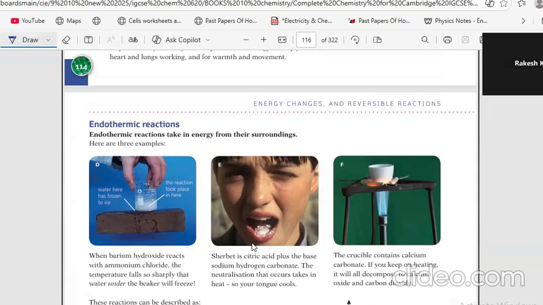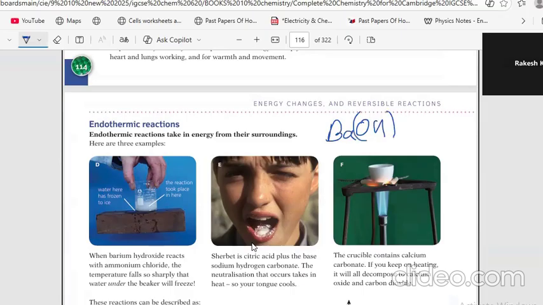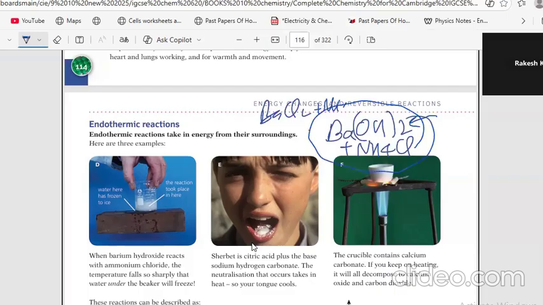You have barium hydroxide reacting with ammonium chloride, and you get BaCl2 and NH4OH. And what happens is the system will take in the heat.